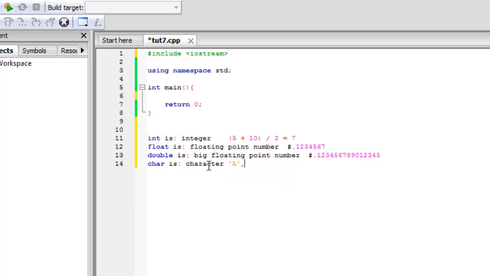Okay, basically what happens with this char variable type is, I don't know if you've ever heard of the ASCII table. Basically, it assigns each letter a different number. So letter A might be 59, or I can't remember exactly what the numbers are, but I know that null is 0, and it just counts up from there, and each character has a different number.